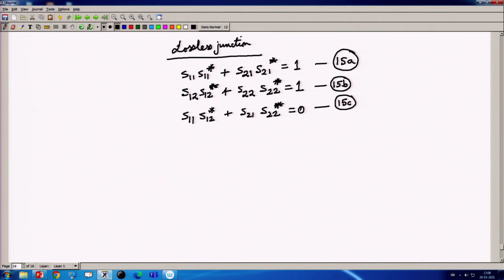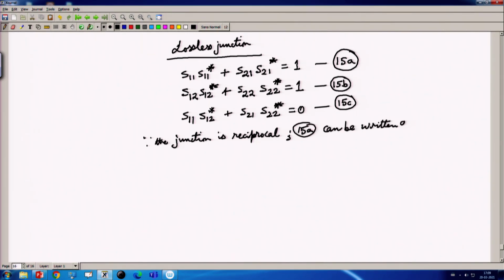So, these are the 3 conditions. So, since the junction is reciprocal, we can write 15A, we can just replace S21 by S12, we do not need S21 because the junction is reciprocal. We call this 16A.